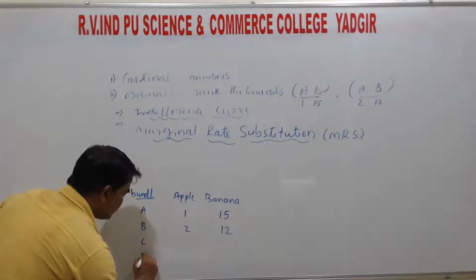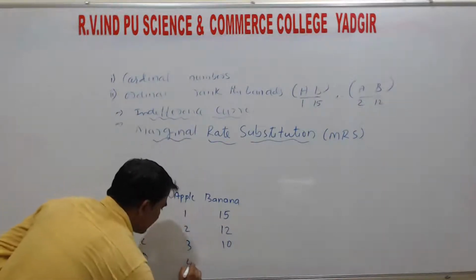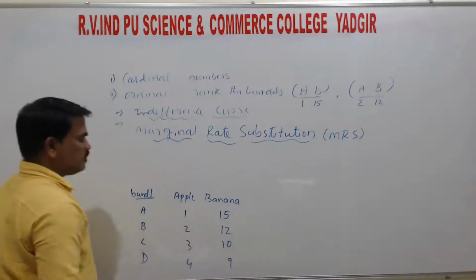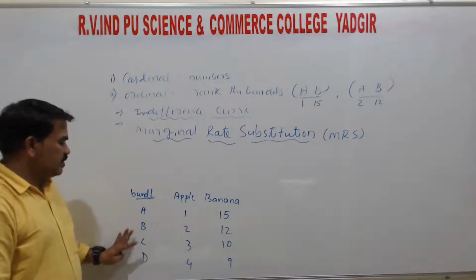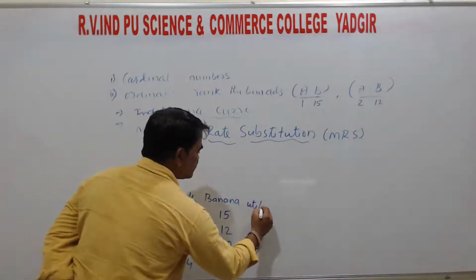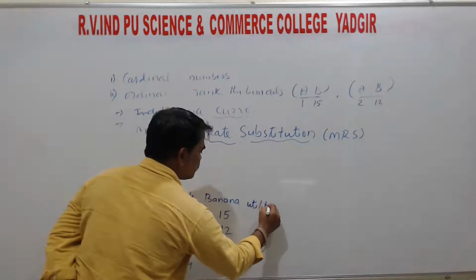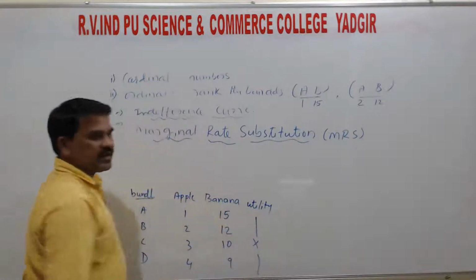And C, D, it is 3 apple, 10 bananas, 4 apple, 9 bananas. So these are the combinations where his satisfaction level remains the same.